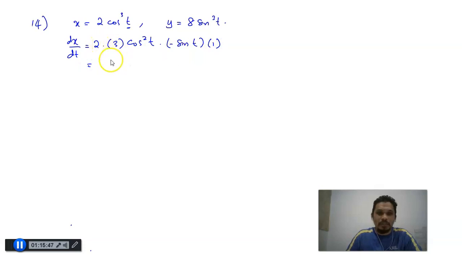So 2 times 3 equals 6 cos squared t, and negative sine t.